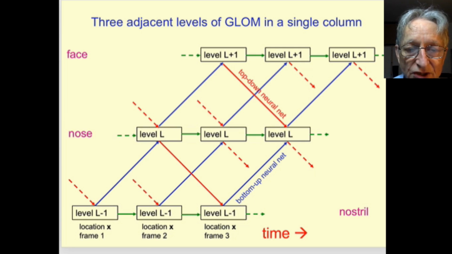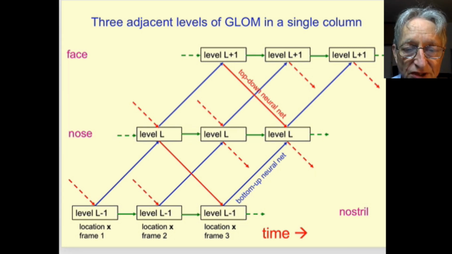We'll also get top-down input via a top-down neural net that also has a few hidden layers that'll take the level L+1 representation, which might well be a face at that location, and from the face it will predict the nose. So there's a coordinate transform there between the face and the nose.